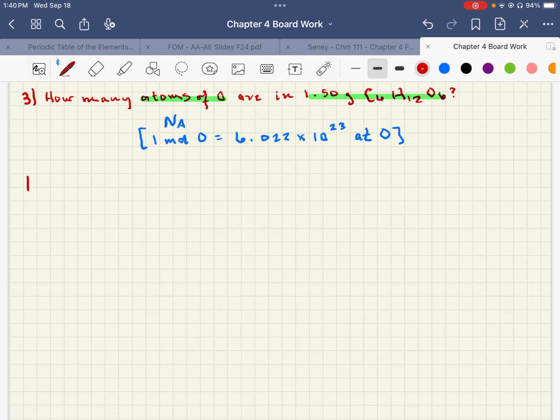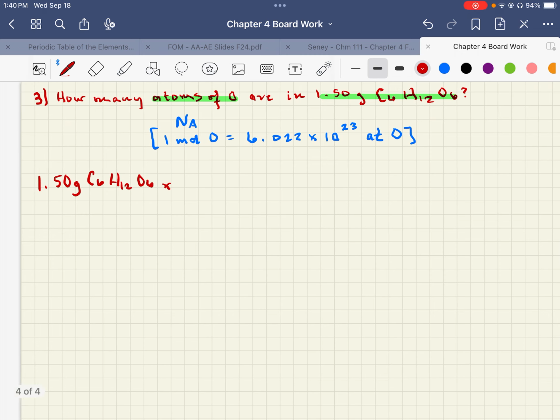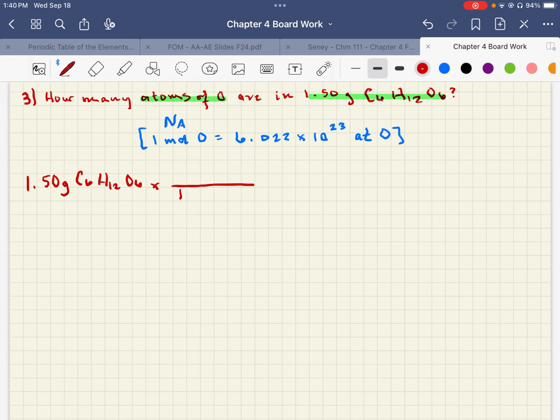So we start off with the 1.50 grams of C6H12O6. I know from the previous two problems we did that the molar mass is 180.16 grams of C6H12O6 per 1 mole. And we've got our periodic table conversion.